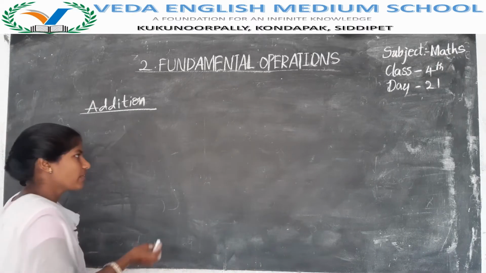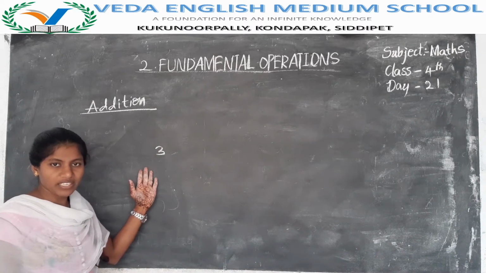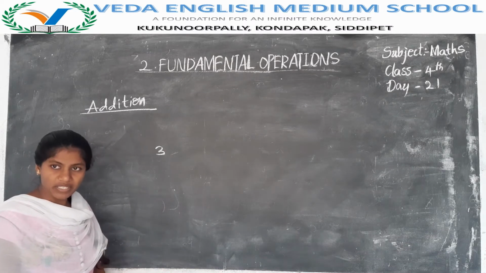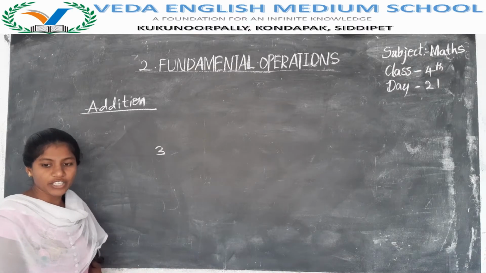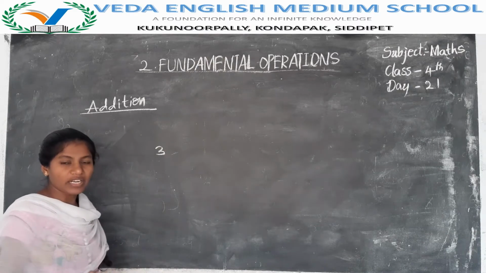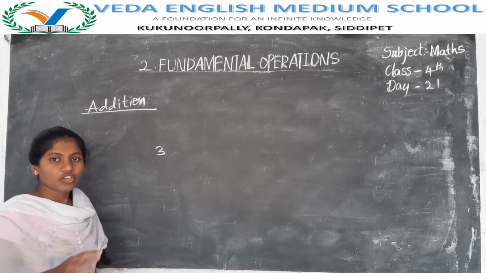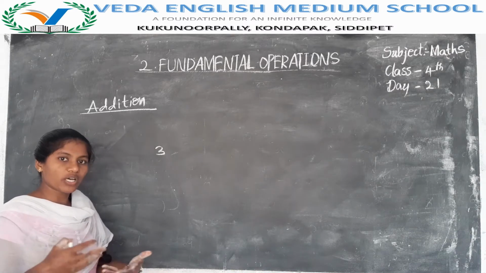If you have only one number, here I have written only 3, can you find the addition for this 3? No, if you have one number then you cannot find the addition. Just now I said the combining of two or more numbers is called addition. Two or more, no problem.